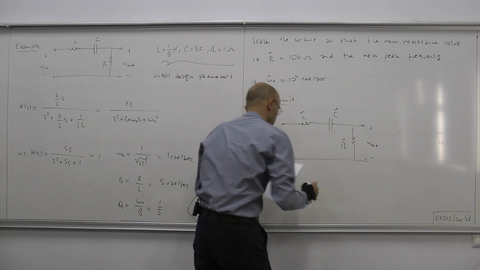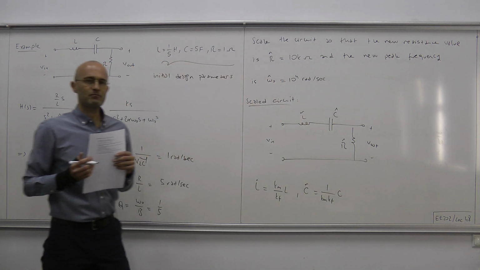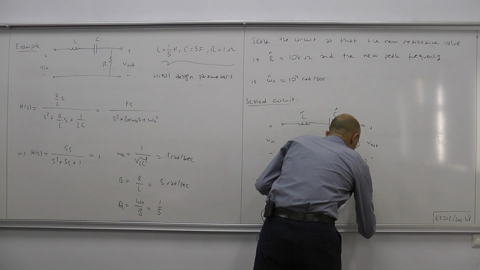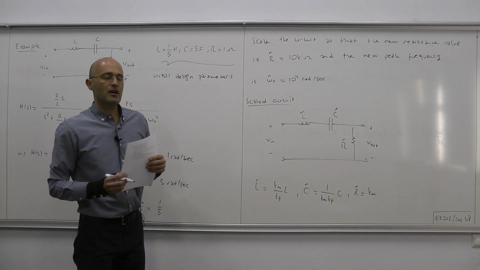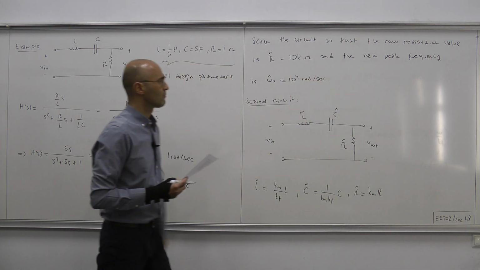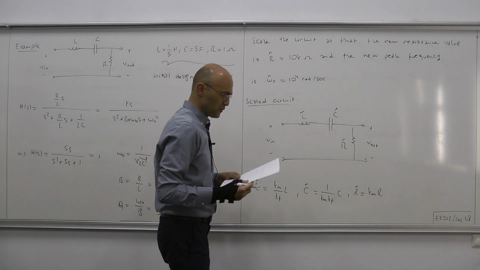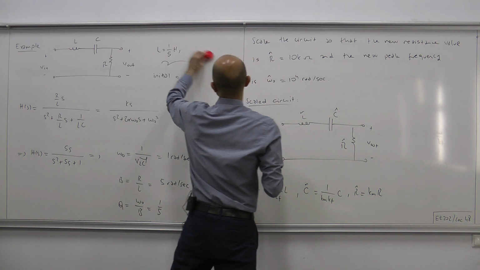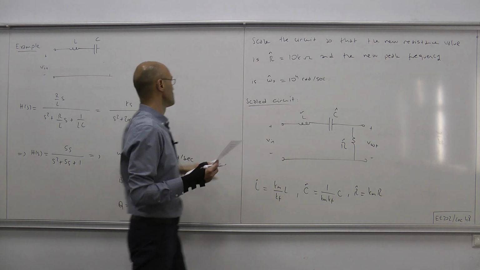C hat equals 1 over Km Kf times the old or initial capacitance value, and as for R hat, we have the magnitude scaling factor times the old or the initial resistance value R. Now, let's proceed with our design. Not really design, but let's continue with our procedure.